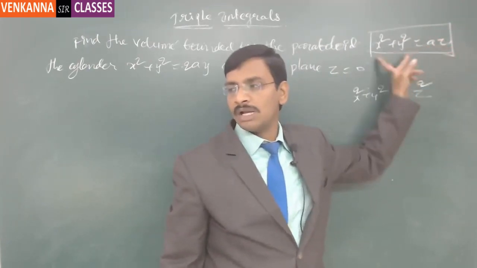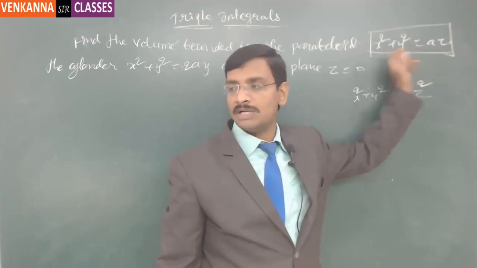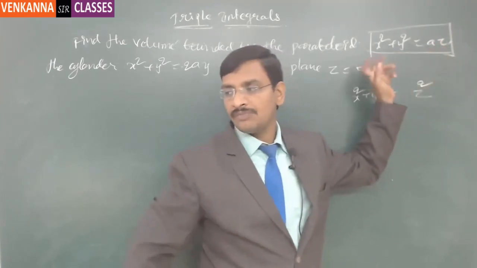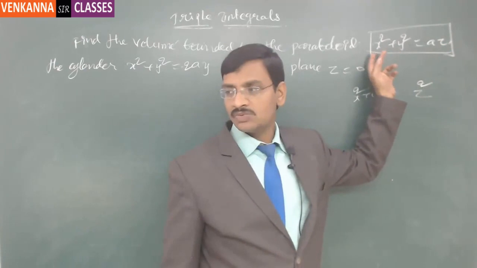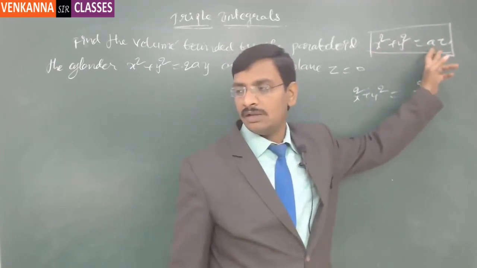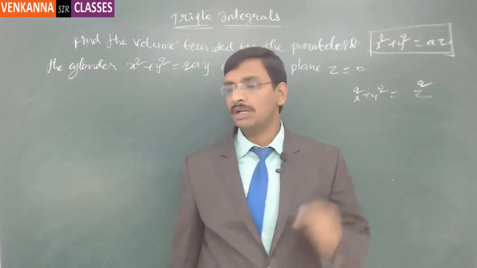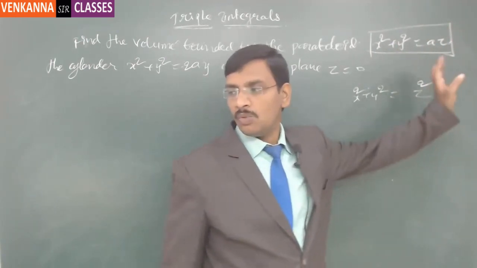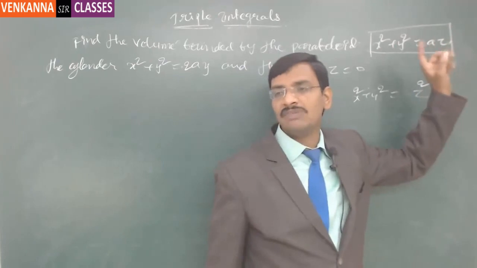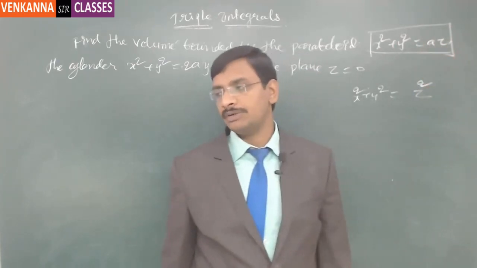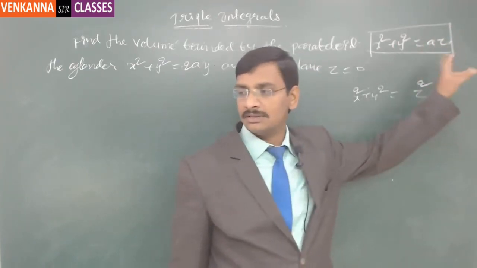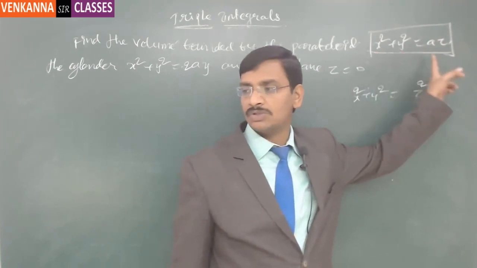Z is power 1 but x square plus y square, or y square plus z square and this side x, or x square plus z square and this side y. Now all these are paraboloid shapes only. But the only difference is whatever comes on the right side will give the axis of the paraboloid, right? So if it is x, then it will be y square plus z square is equal to ax.